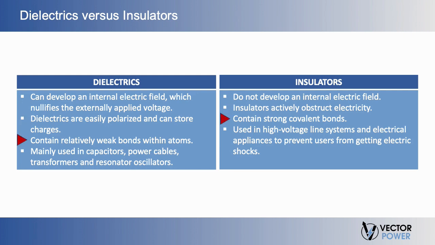Dielectrics contain relatively weak bonds within atoms. Insulators contain strong covalent bonds. And dielectrics are mainly used in capacitors, power cables, transformers, and resonator oscillators, where insulators are used in high voltage line systems and electrical appliances to prevent users from getting electric shocks.